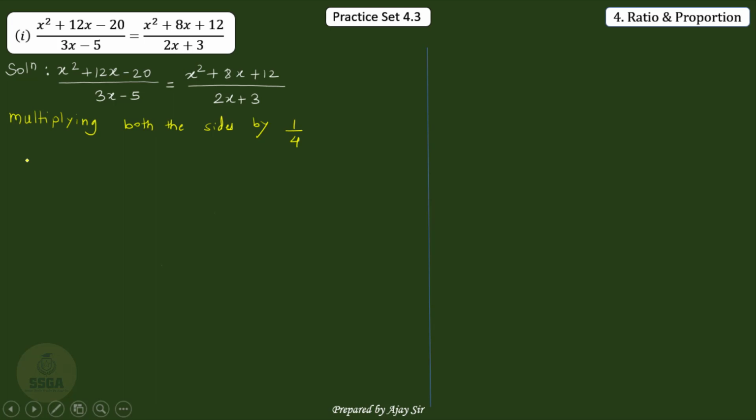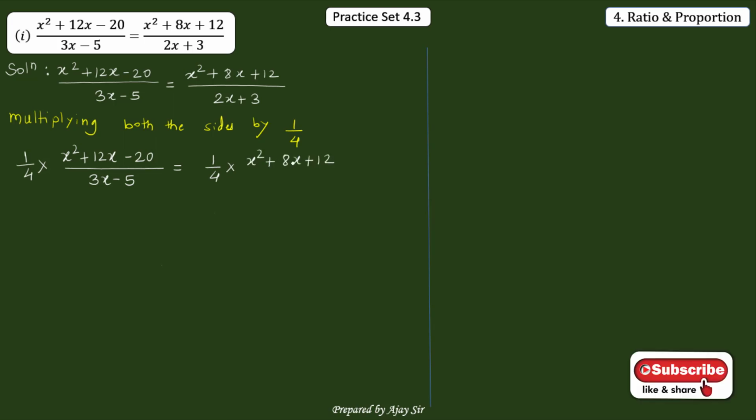Therefore the left hand side becomes 1 by 4 into x square plus 12x minus 20 divided by 3x minus 5 is equal to 1 by 4 into x square plus 8x plus 12 divided by 2x plus 3.